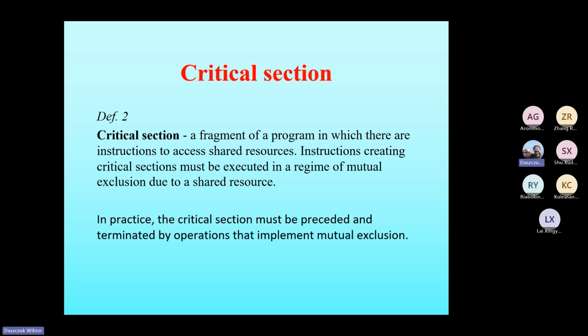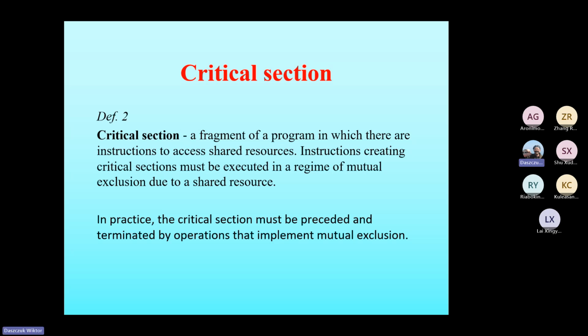That's why the access to common resources in the kernel is protected by some synchronization mechanisms, like test and set, for example. What is a critical section?